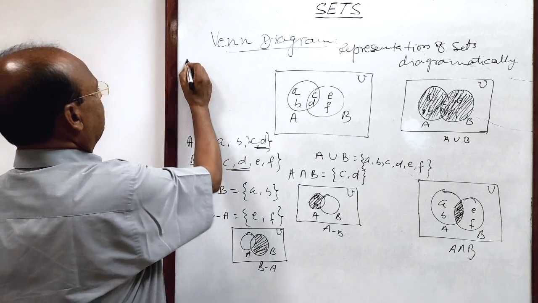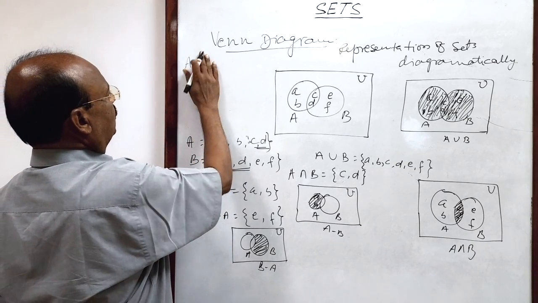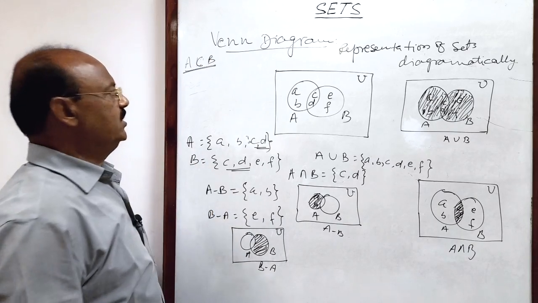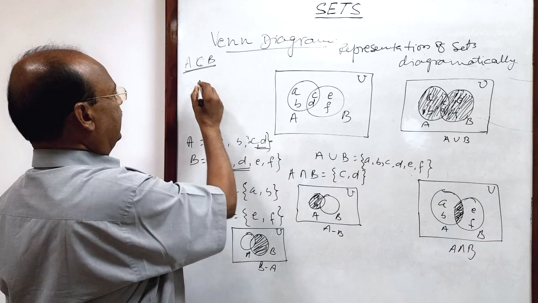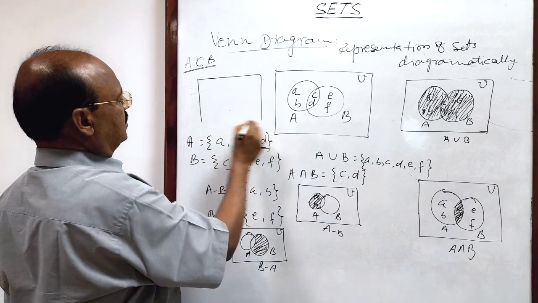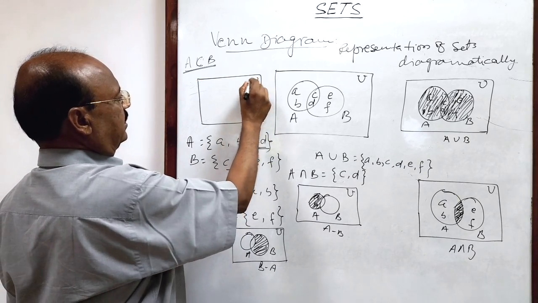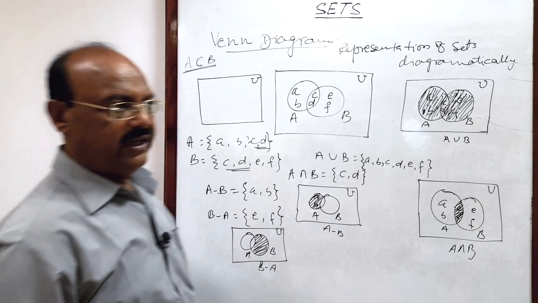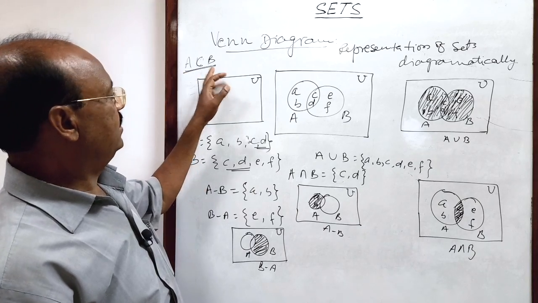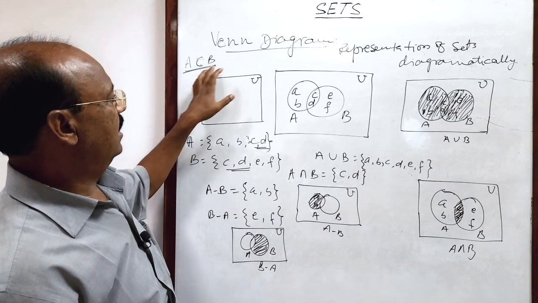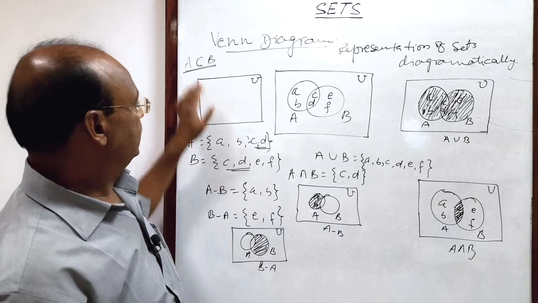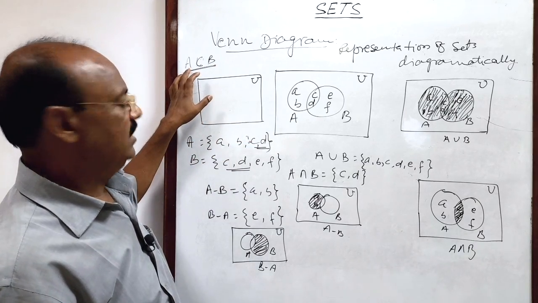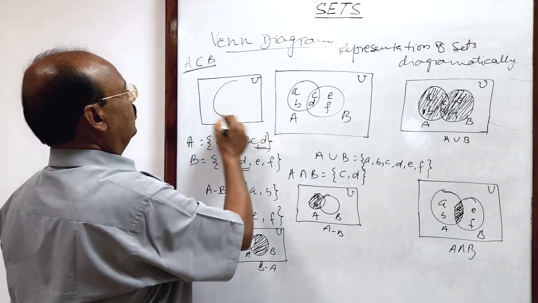Suppose you have to represent A is a subset of B. You have to represent it diagrammatically using a Venn diagram. Then we will draw the universal set as a rectangle. Here A is a subset of B. So we have already discussed that set A is a subset if all the elements of set A are available in B. So set B is a bigger set. It may consist of more elements than set A. Okay. So here B will be like this.